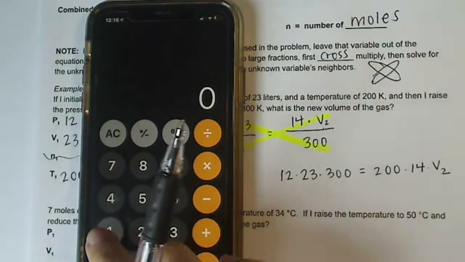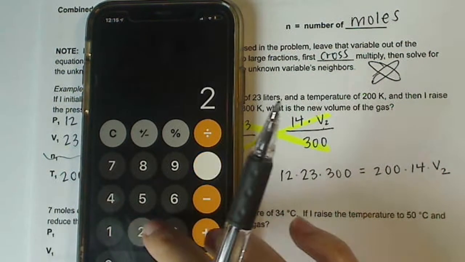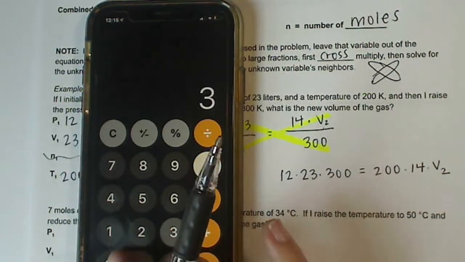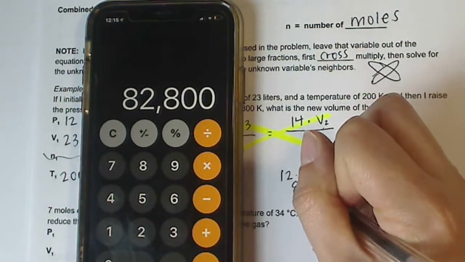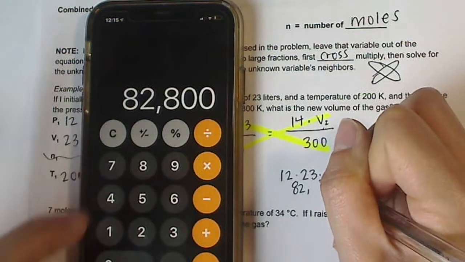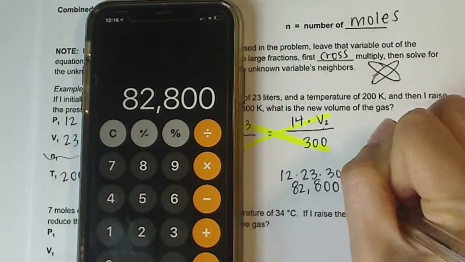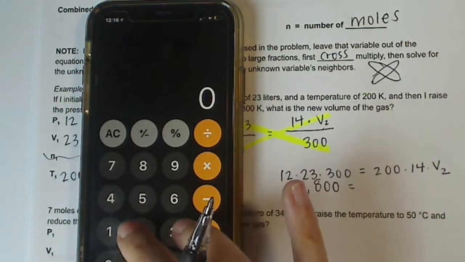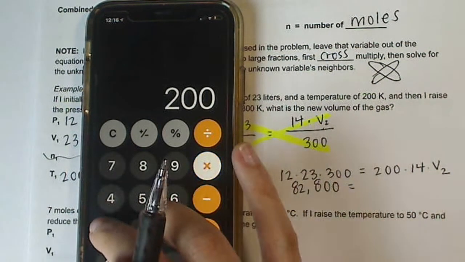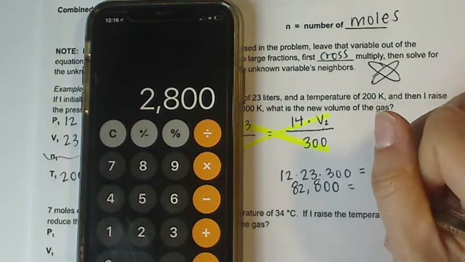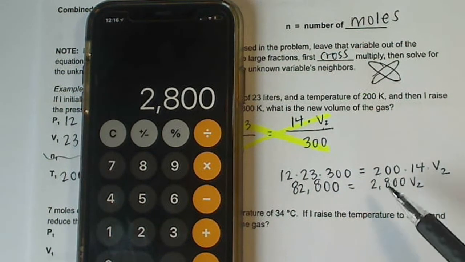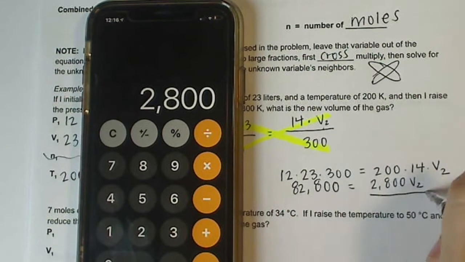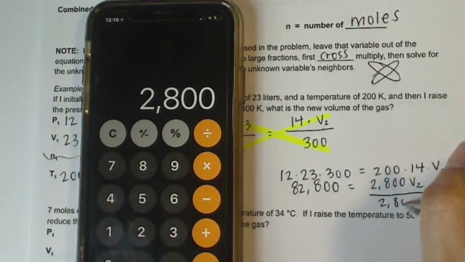So I'm going to do 12 times 23 times 300, and that's 82,800. Then I'm going to do 200 times 14. So that's 2,800 V. And now to get V by itself, I'm going to divide 2,800 on each side.